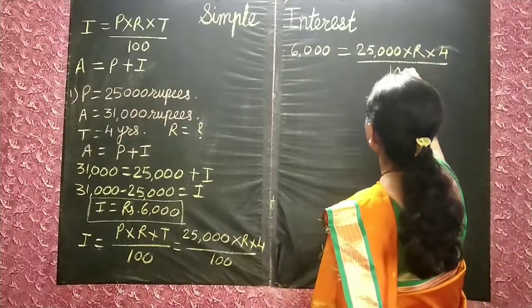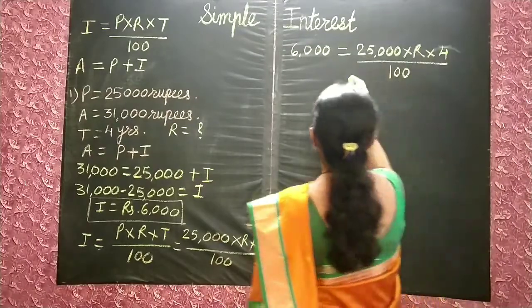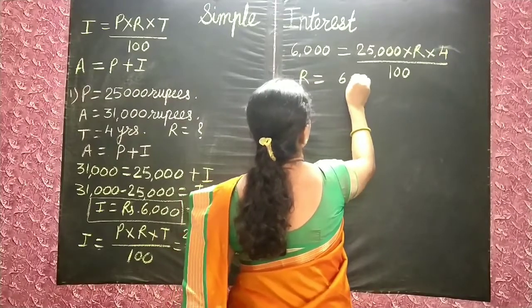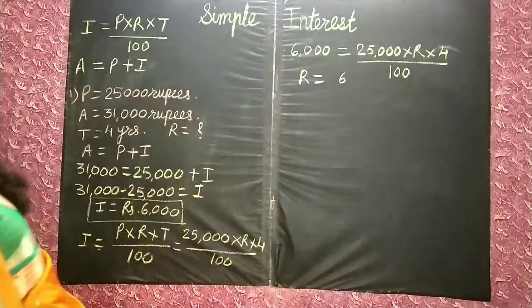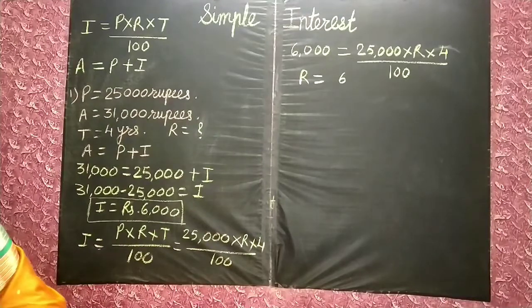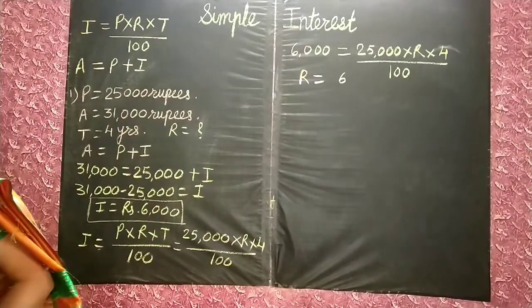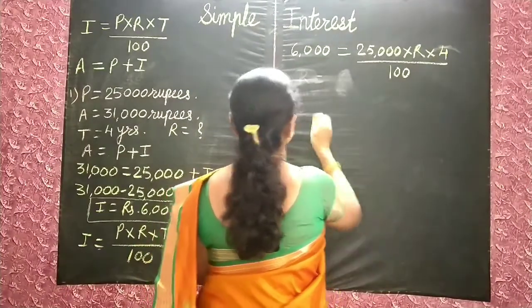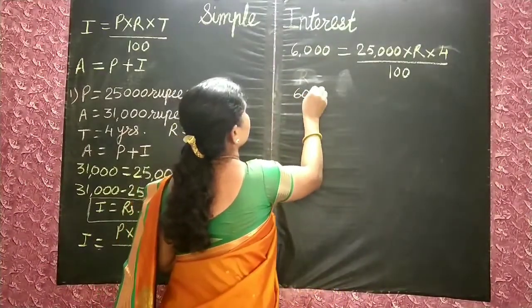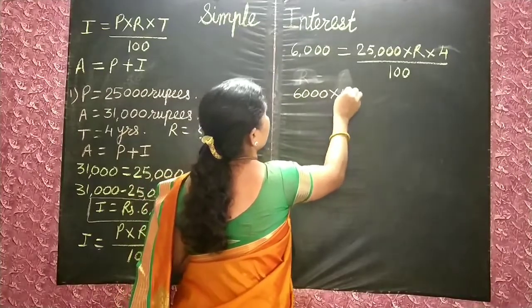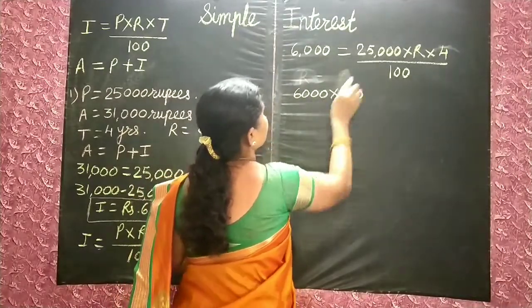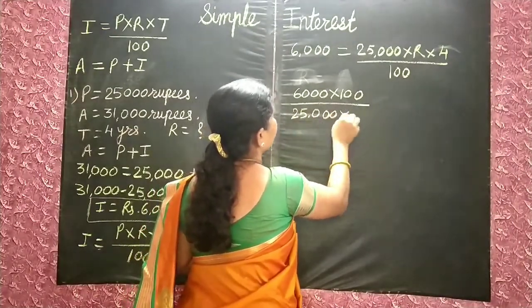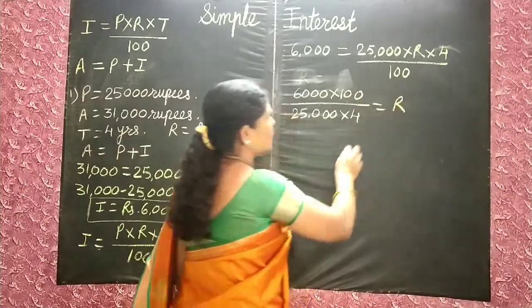Now this will go to this side. Rate of interest is equal to 6,000 multiplied by 100, divided by 25,000 multiplied by 4. Got it?